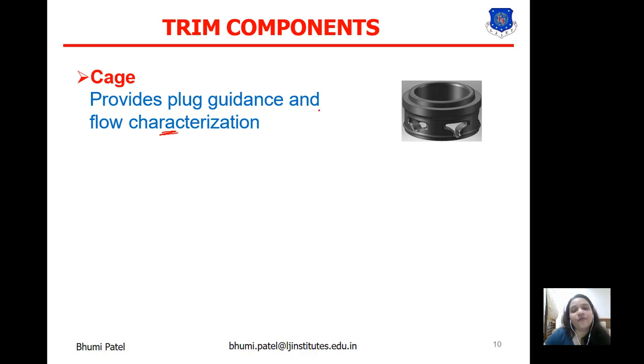In the flow we get different characteristics: linear characteristics, non-linear characteristics, quick opening characteristics, equal percentage characteristics. So the cage provides the plug guidance, and whichever type of flow characteristic you have given, it operates accordingly.